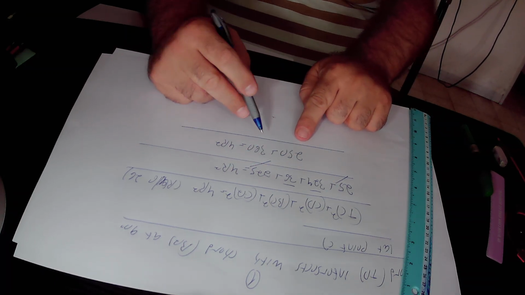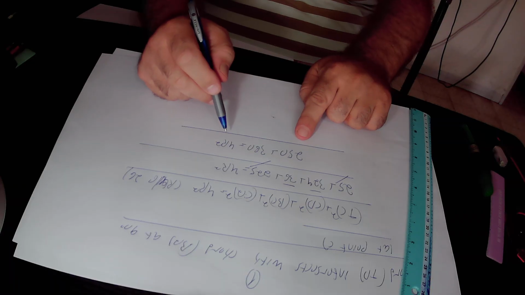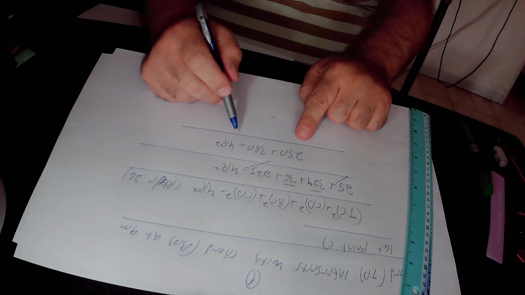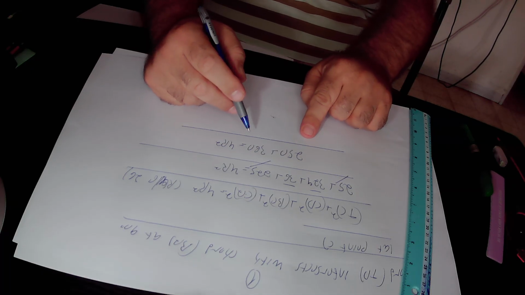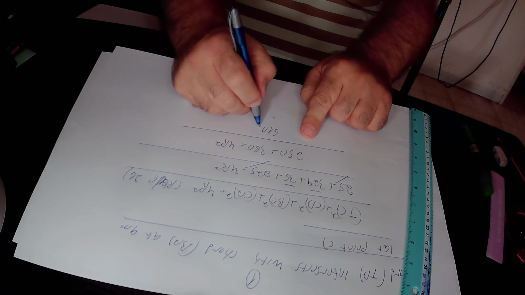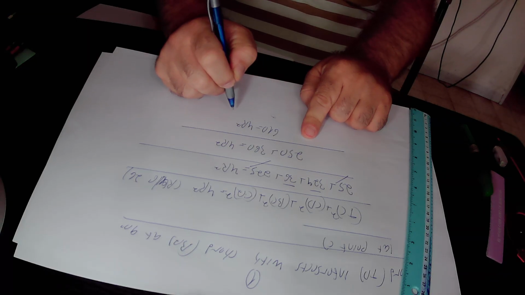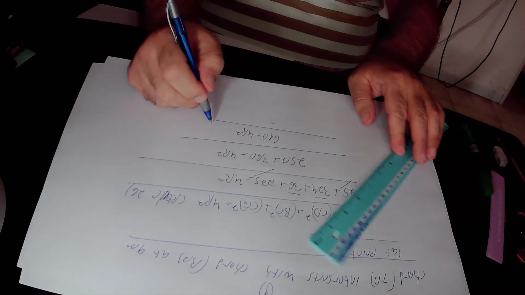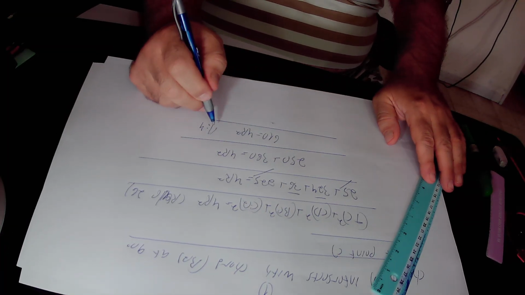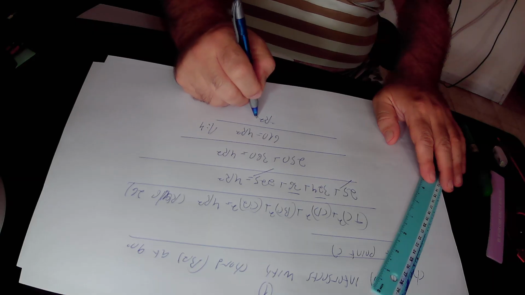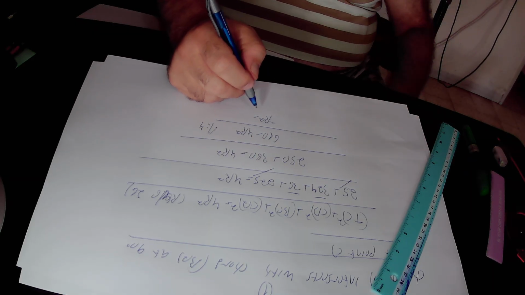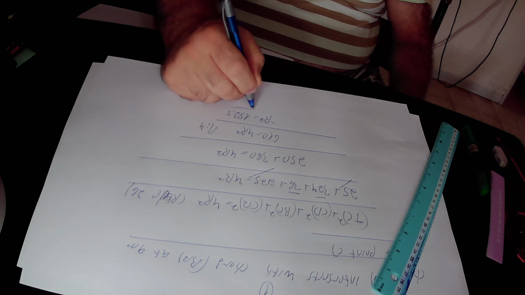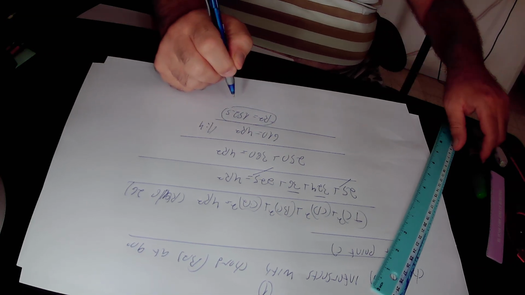So 250 plus 360 is 610, equals 4r squared. Or 4r squared equals 610. Here we divide this equation by 4 and we get that r squared equals 610 over 4, which is 152.5. So r squared equals 152.5.